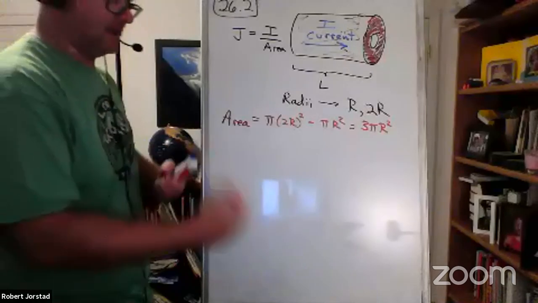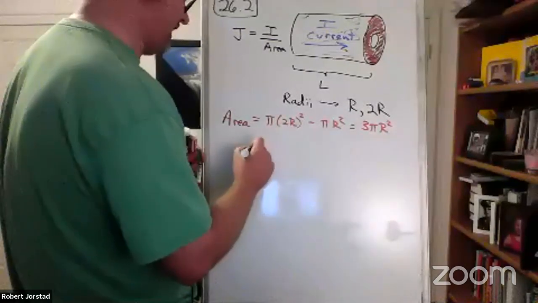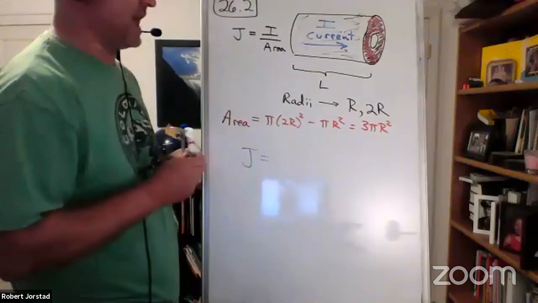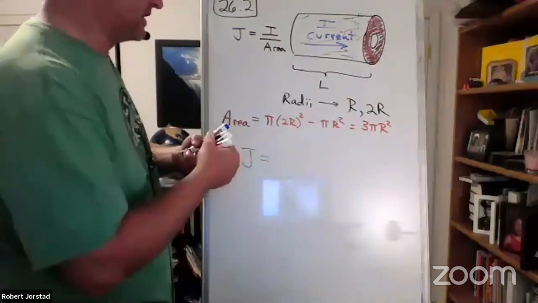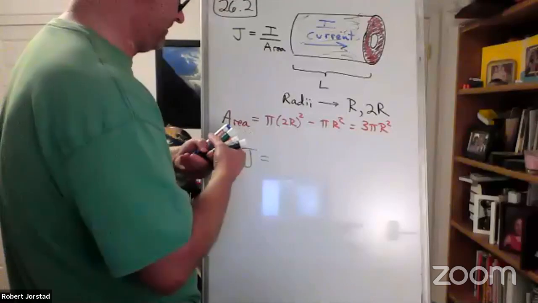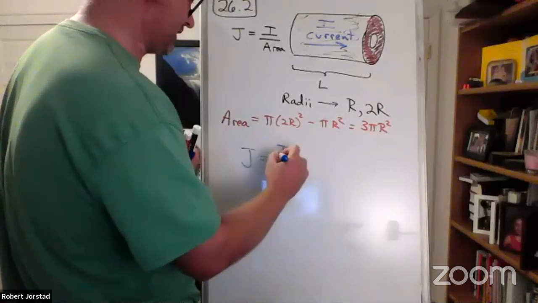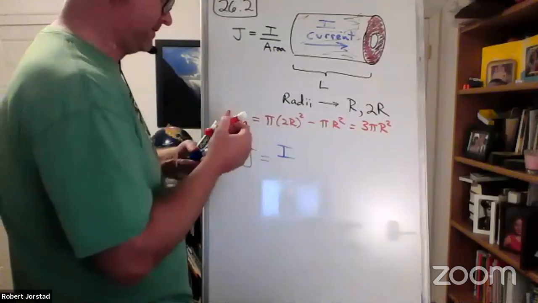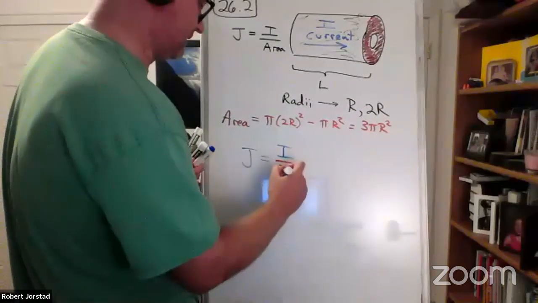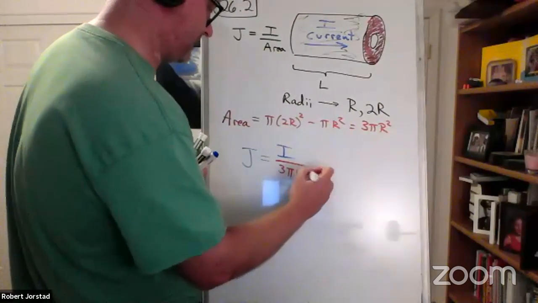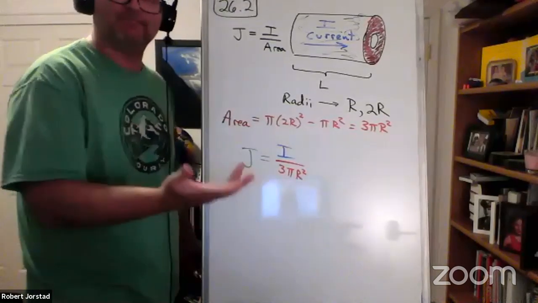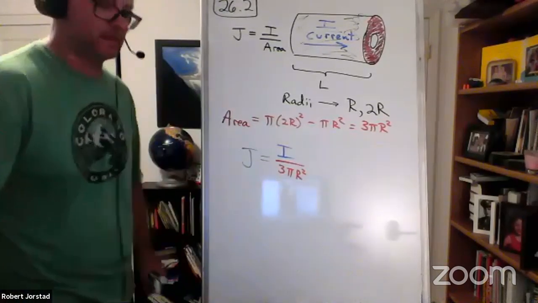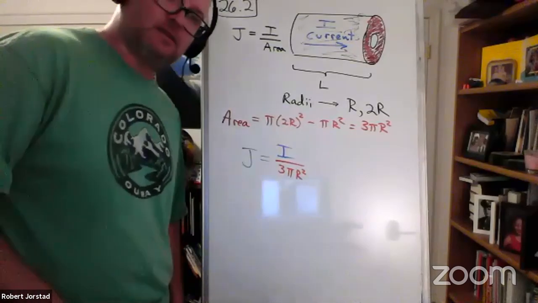So in this particular example, J, which is going to be amps per meter squared, don't overthink it here. This is just going to be I, which is the current, divided by 3 pi r squared. So it's a measure of how many amps per unit area. And that's it. Don't overthink it. That's current density.